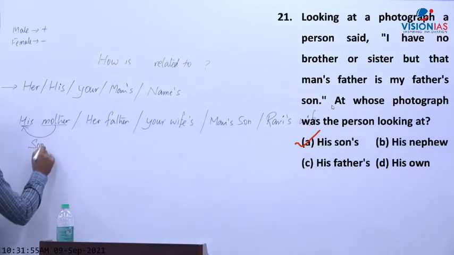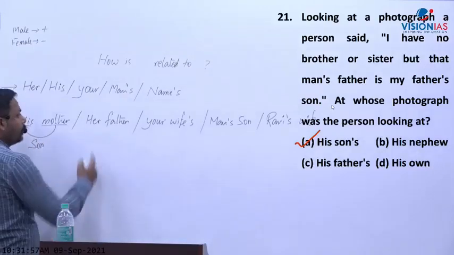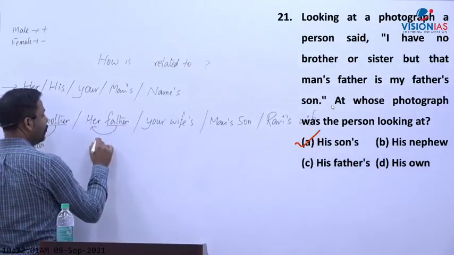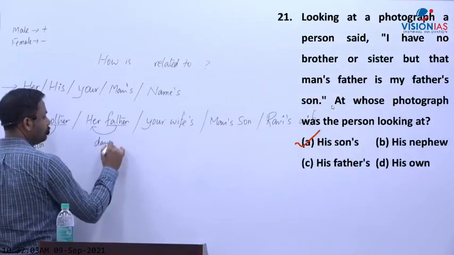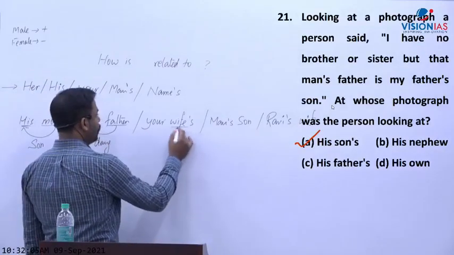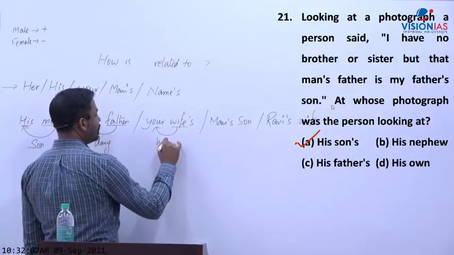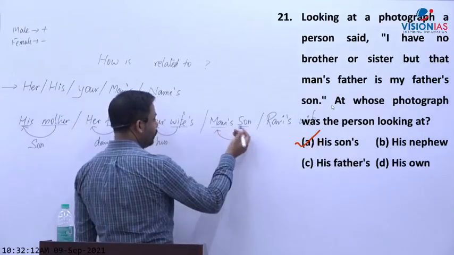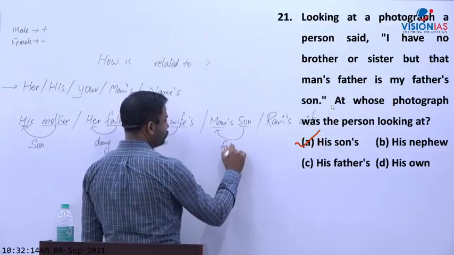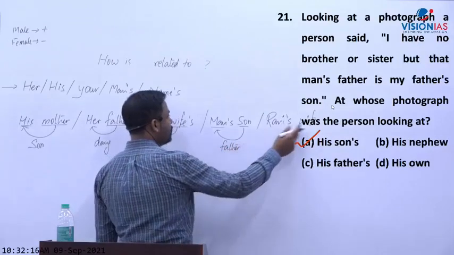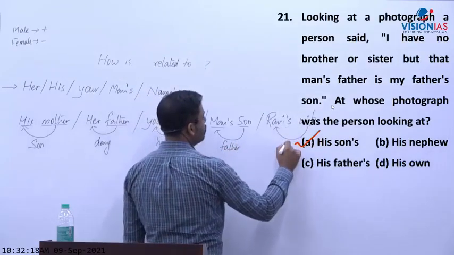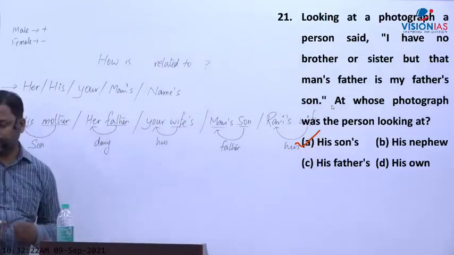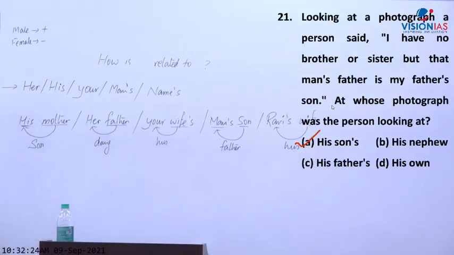For her father, this girl will be daughter. For your wife, you will be husband. For man's son, the man will be father. And for Ravi's wife also, Ravi is husband. Clear, Prashant?